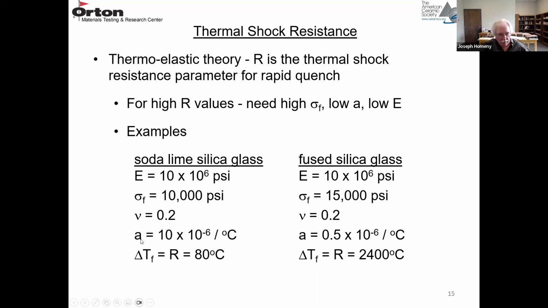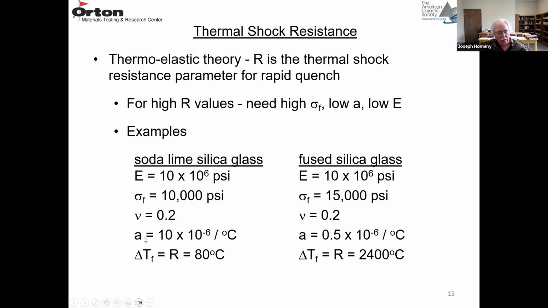The big difference here is the thermal expansion coefficient, 10 times 10 to the minus 6 per degree C for a soda lime silica glass. This is pretty typical for a lot of refractories in that range also. And then the fused silica glass I mentioned has the low thermal expansion coefficient.